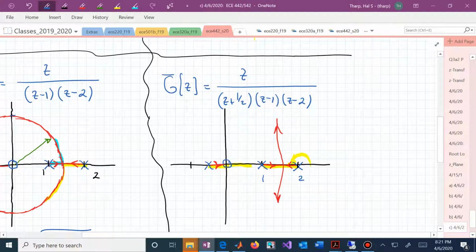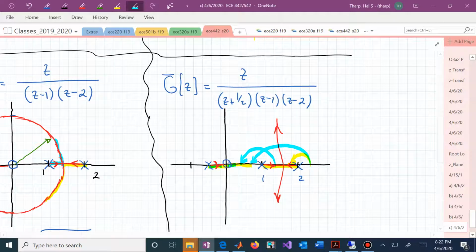Any point between 0 and 1, we have an angle of 180 degrees here, an angle of 180 degrees there, and this one's 0 and that one's 0. We have two 180s, which is 360. That says then that there is no portion of the root locus on that line segment between 0 and 1. And that's why that line segment is not colored red.